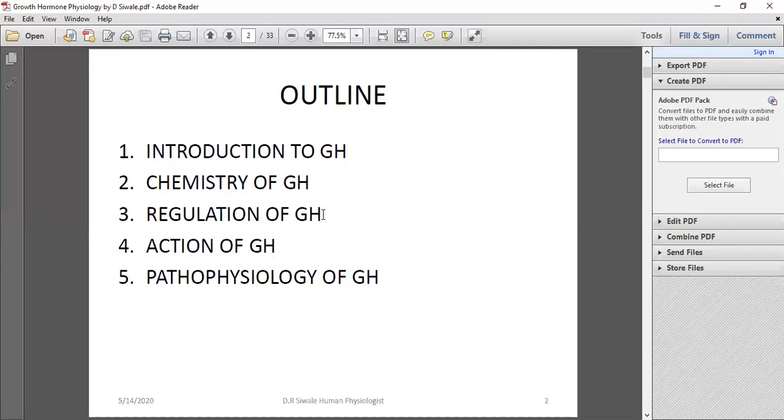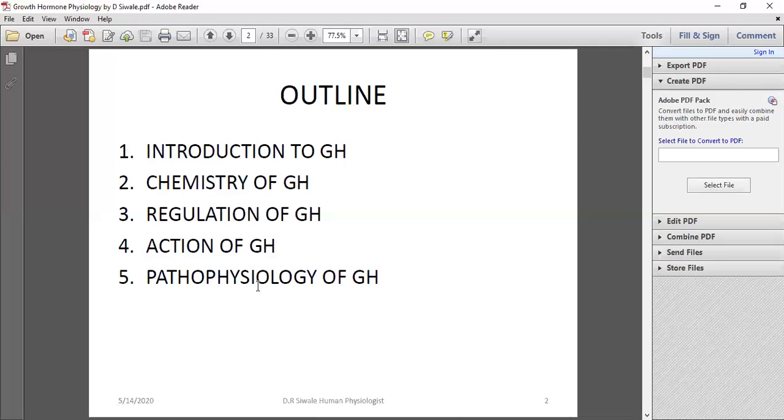There are times it stops being secreted, and there are times it starts being secreted. That's called regulation. And then the action. Action is just function. What does it do in the body in a normal healthy person? Since physiology, we are just talking about a normal healthy person.